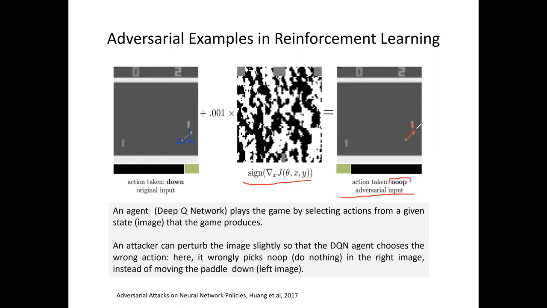So what happens here is that the attacker again can perturb an image and fool the network and fool the classifier, or fool the agent in this case. And this setting is a bit different in the sense that while we're still perturbing images, there are many of those images taking place as the game progresses.